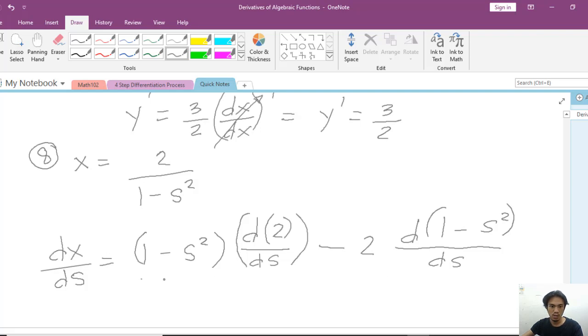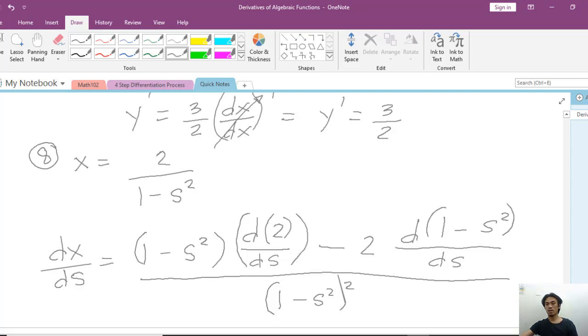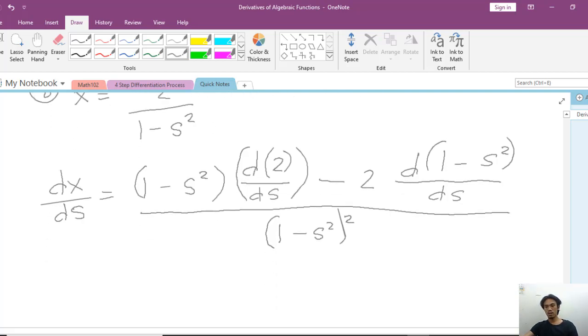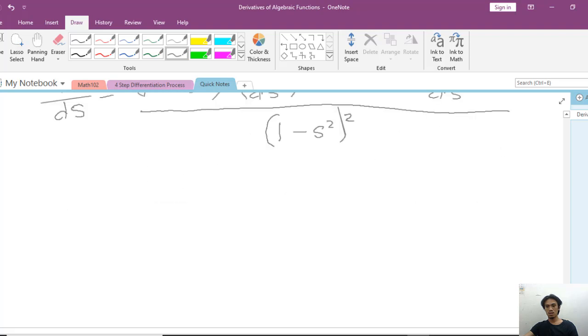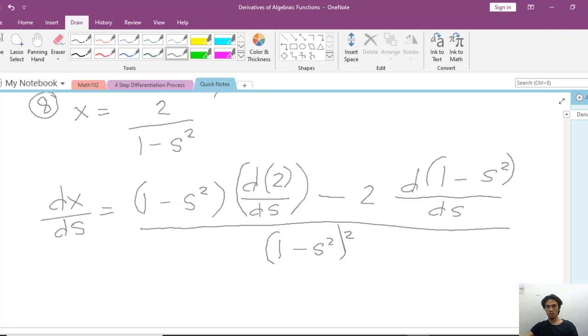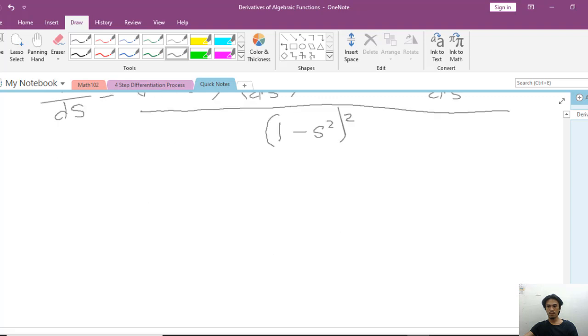Don't forget, all of these should be divided by the denominator 1 minus s squared, the quantity squared. Okay? Continuing. Let's have this problem.